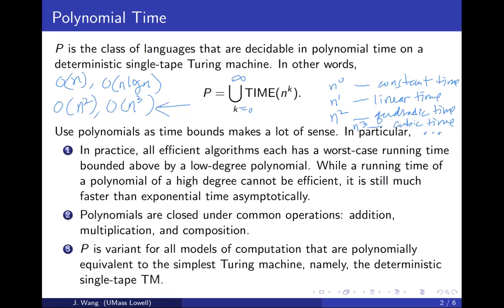Polynomial time algorithms are considered efficient algorithms for the reason that in practice, almost all the polynomial time algorithms we have encountered are in polynomials of lower degrees, such as linear, quasi-linear, quadratic, and cubic time.